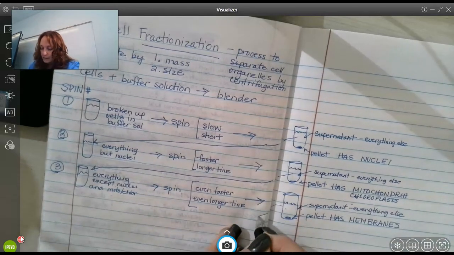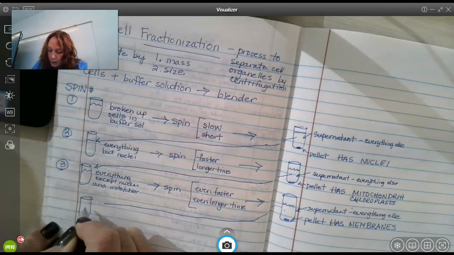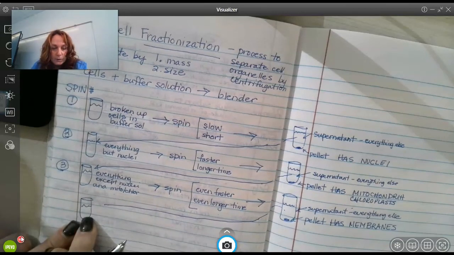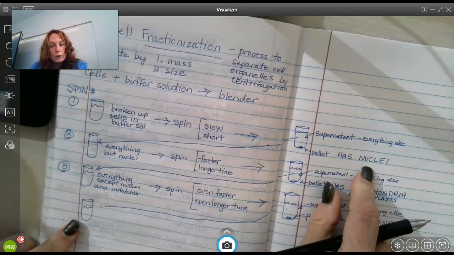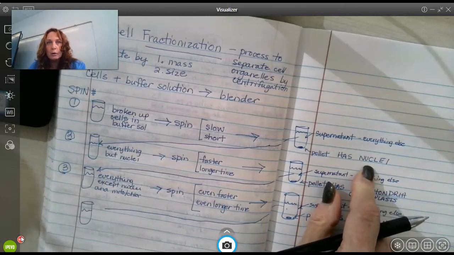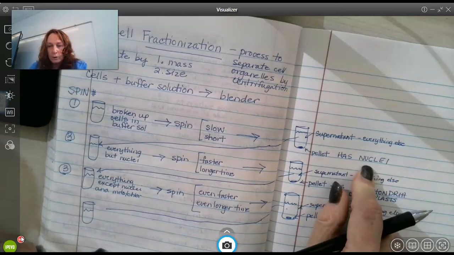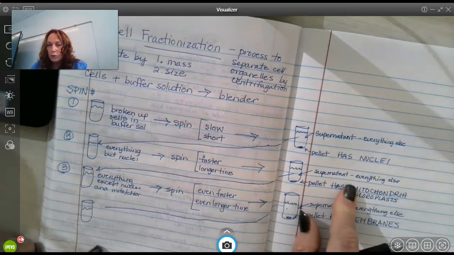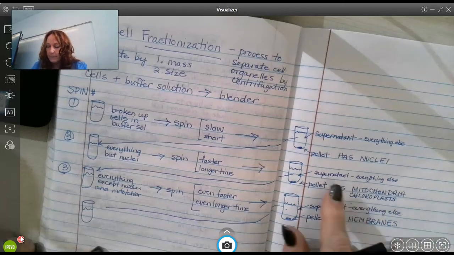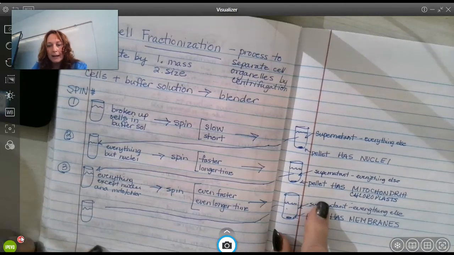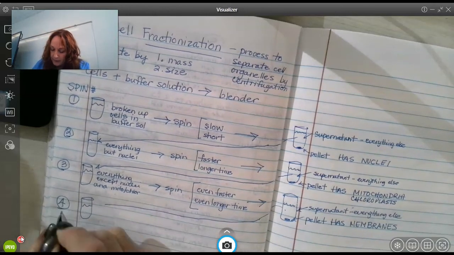We'll spin it again. Because if you're someone who studies ribosomes, you're going to spin once, and what you've done is you've culled out, which means you've pulled out and thrown away, the nucleus. Spin again, you cull out the mitochondria and the chloroplasts, throw them away. Spin again, cull out the membranes, spin again. So this is our fourth spin.